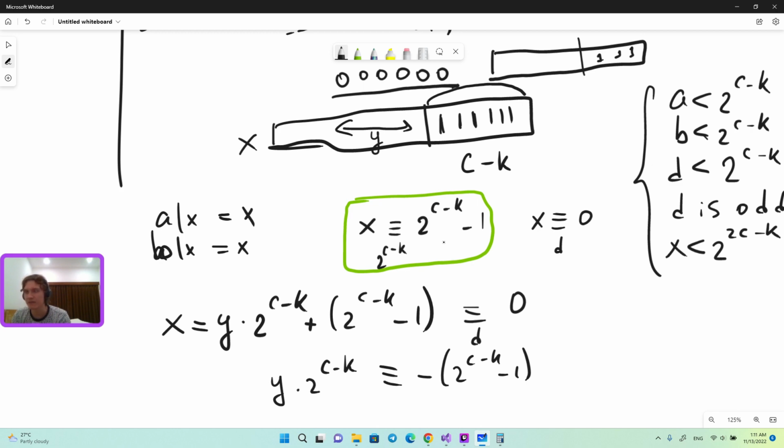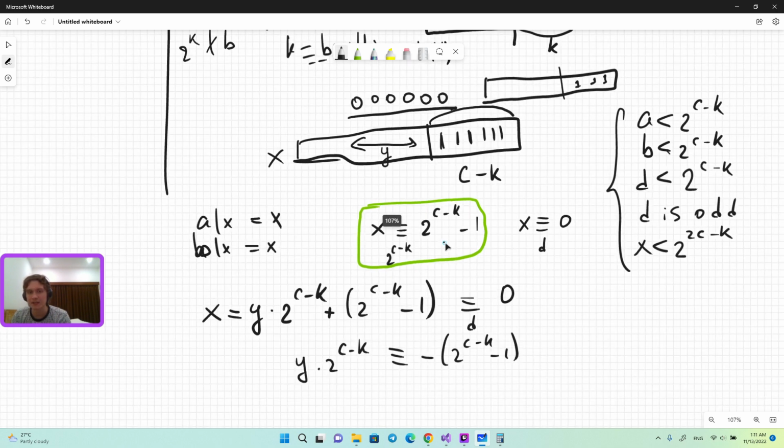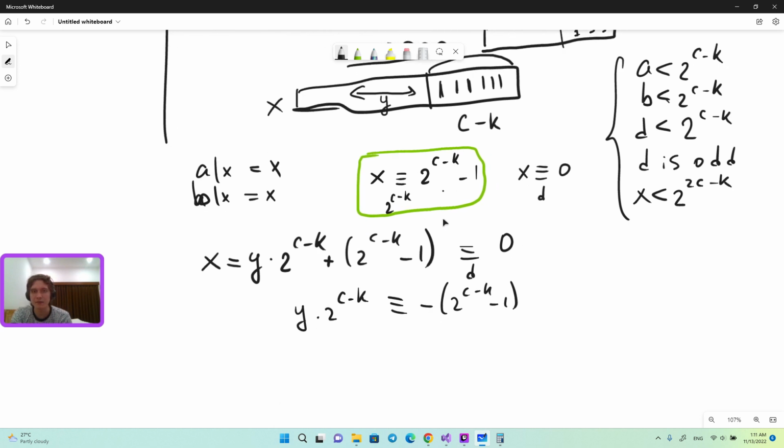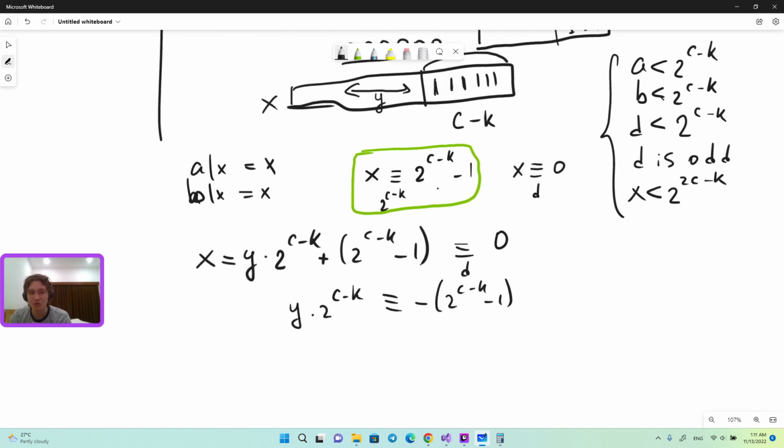So they are relatively prime, and we can divide one by another. So y equals minus 2 to the c minus k minus 1 times 2 to the c minus k inversed.